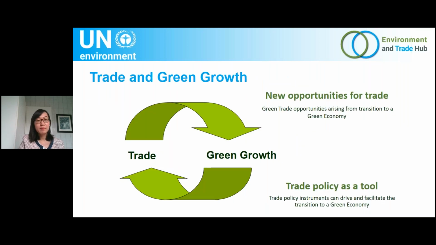I won't spend much time on this. I think trade and green growth have been covered well by the previous speakers. Two key points I'd like to highlight again: there are huge opportunities presented by green growth and the green economy. At the same time, trade policy and trade measures themselves serve as an effective tool to deliver green growth and support countries' transition to a green economy.